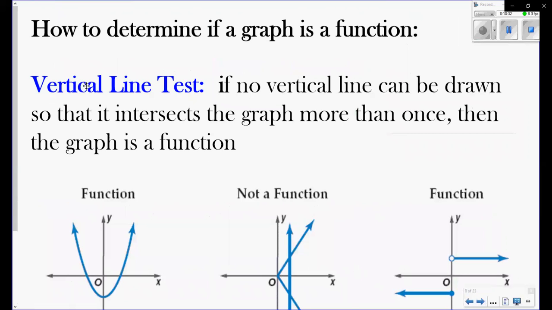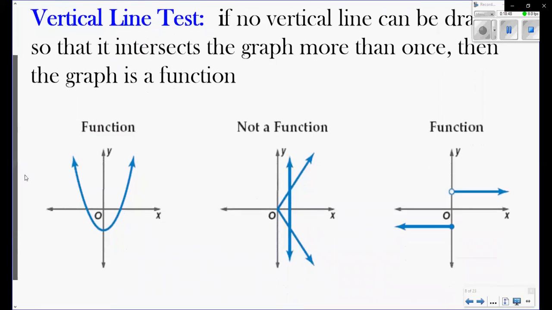So how do you determine if a graph is a function? There's something called the vertical line test. If no vertical line can be drawn so that it intersects the graph more than once, then the graph is a function.